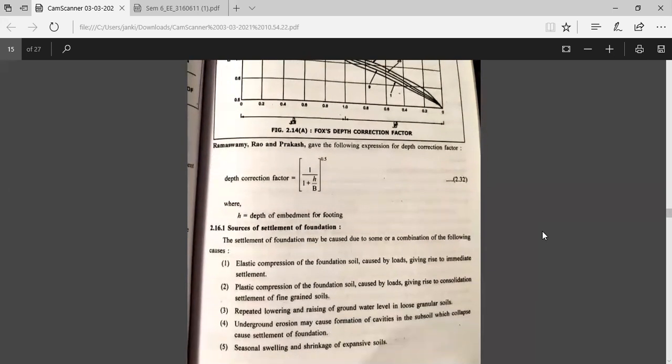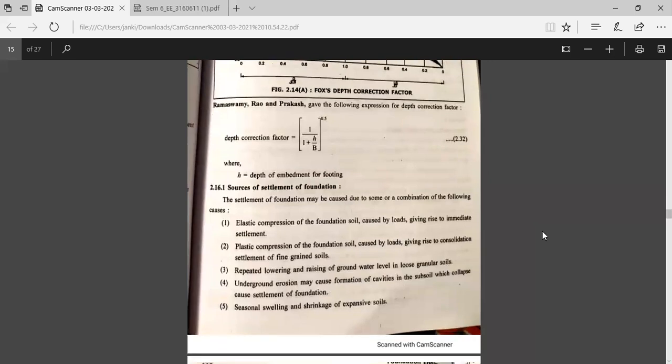Next are the sources of settlement of foundations. Elastic compression of the foundation soil caused by loads gives rise to immediate settlement. Plastic compression of the foundation soil caused by loads gives rise to consolidation settlement of fine grained soils. Repeated lowering and raising of groundwater level in loose granular soils.